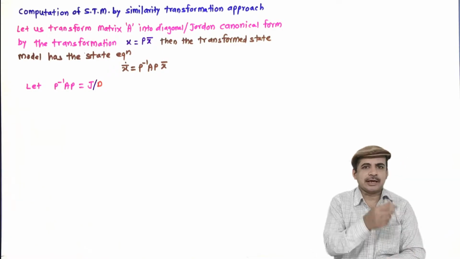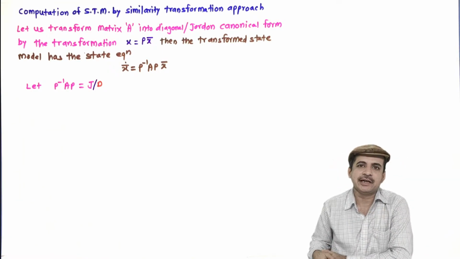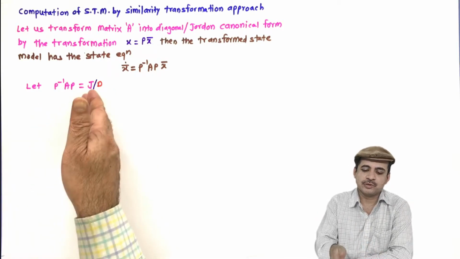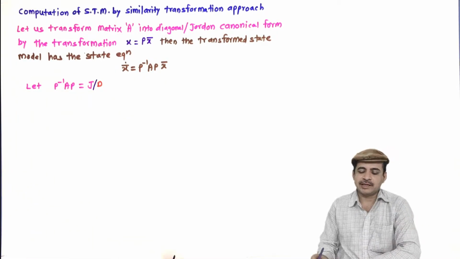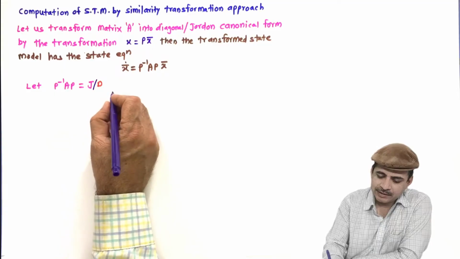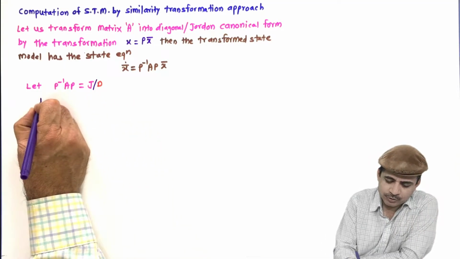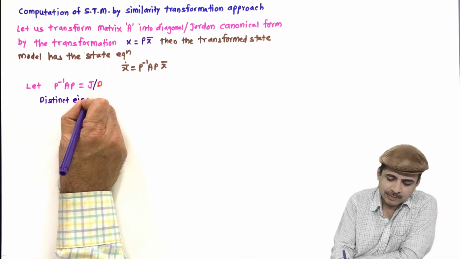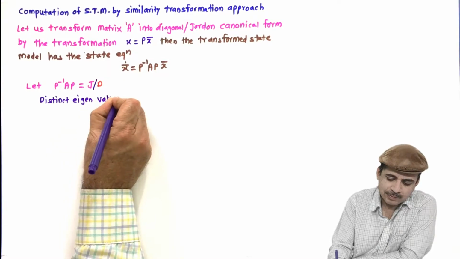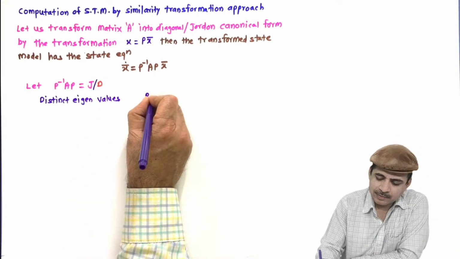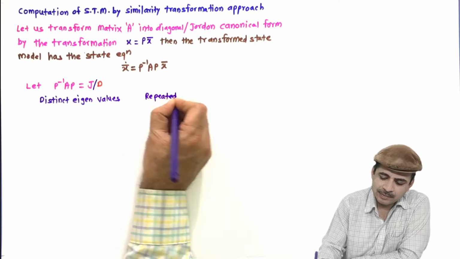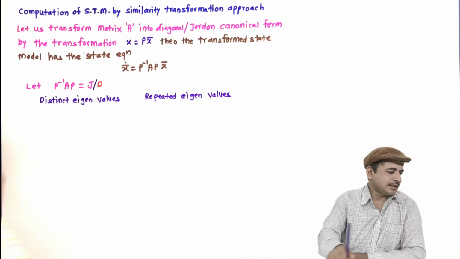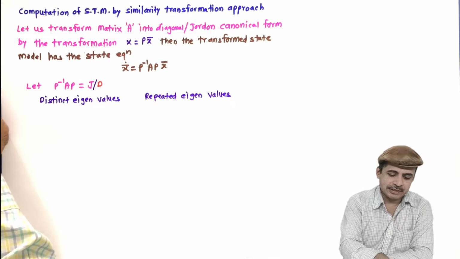And that depends upon the eigenvalues of A. If the eigenvalues of A are distinct, you will get a diagonalized matrix, and in case of repeated roots, you will get the Jordan matrix. Now let us do it for distinct roots, and parallelly for repeated eigenvalues, because the treatment is the same.